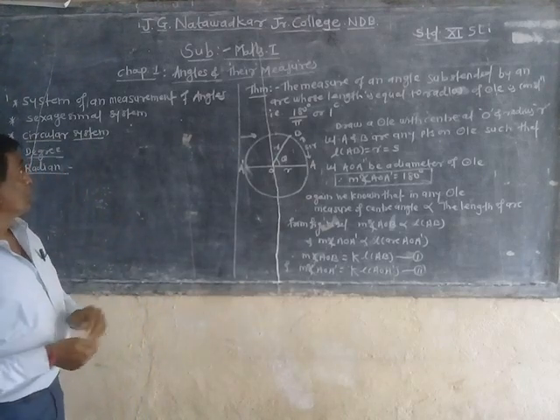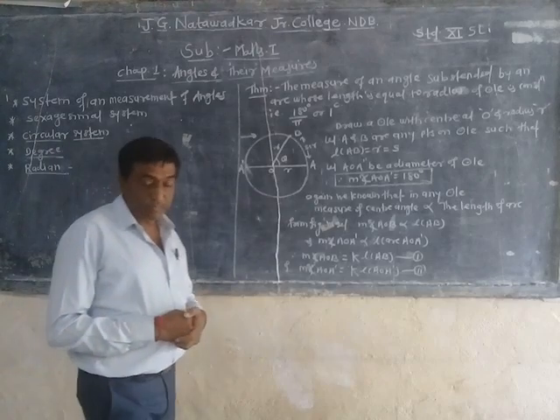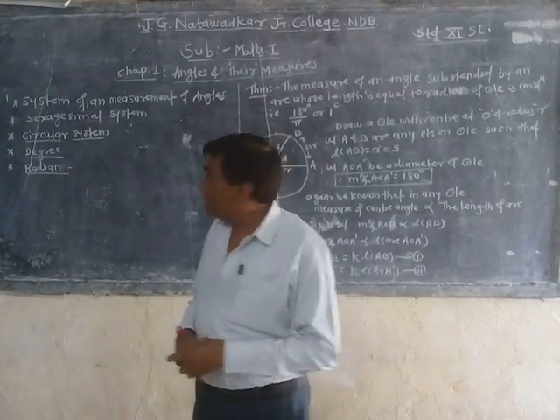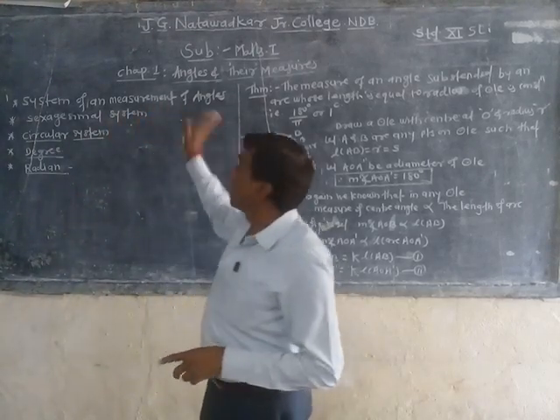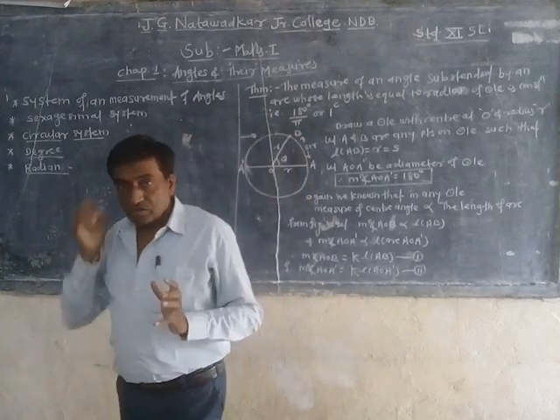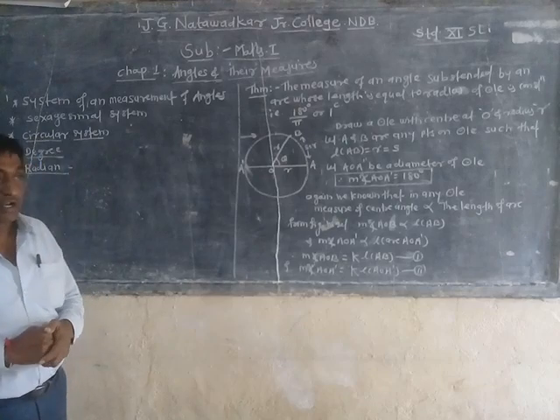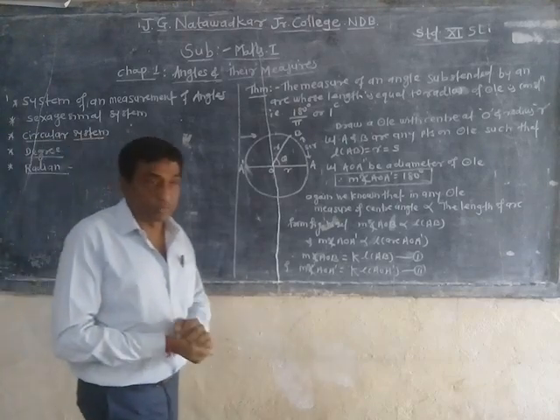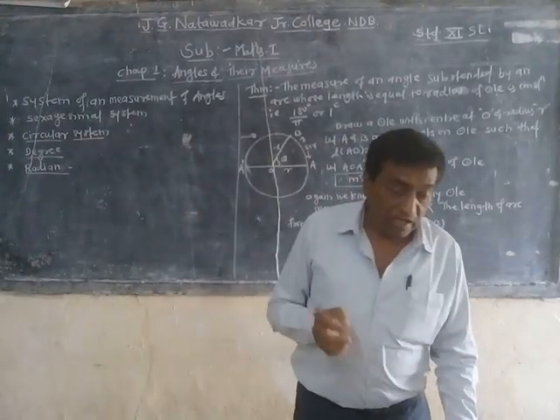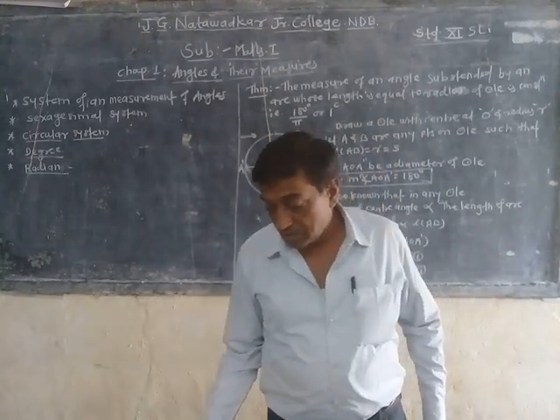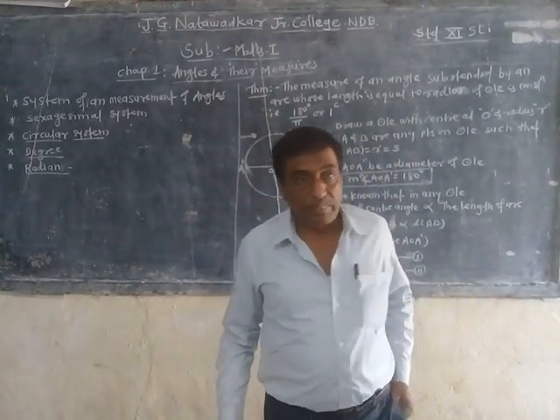Now today we continue with the next article, that is, the system of measure of an angle. Friends, you already know that an angle can be measured in two systems.